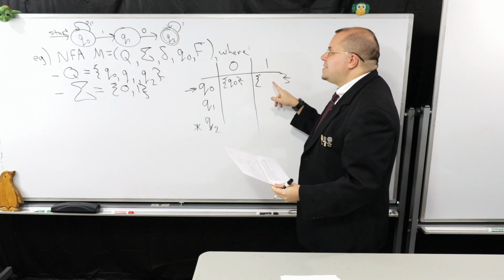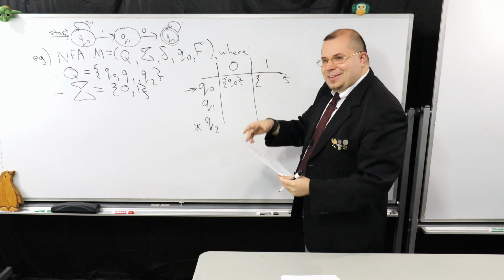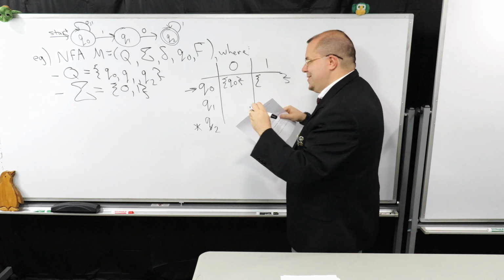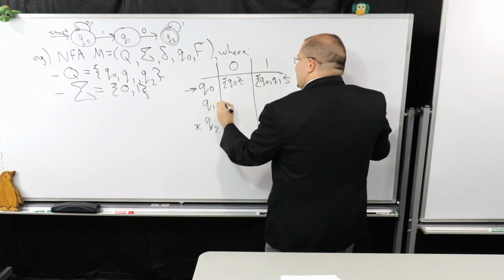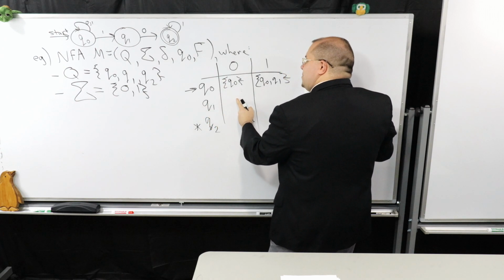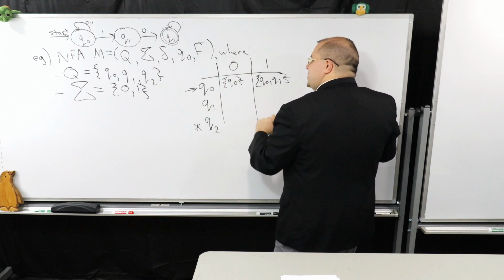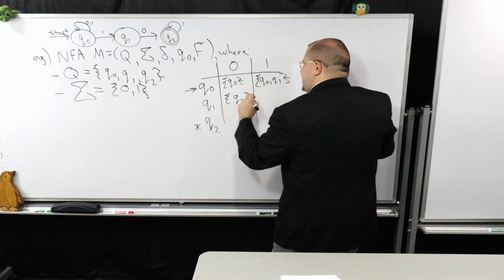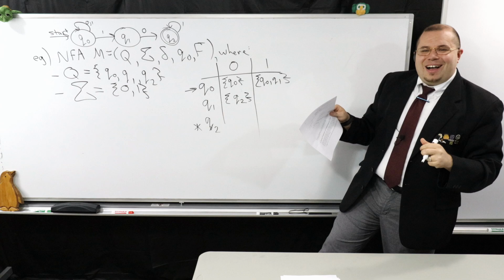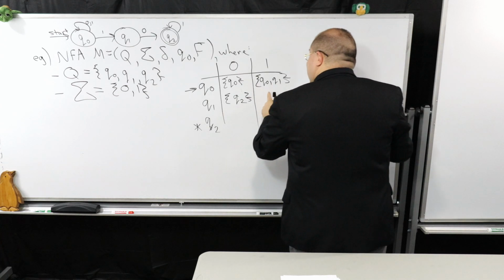Perfect, Q0 and Q1. Everybody's getting this. I see it in the chat too. Awesome. Q0, Q1. And how about Q1 reading a 0? What should I put here? A set containing what? Q2. Perfect. You guys have got this. Awesome.